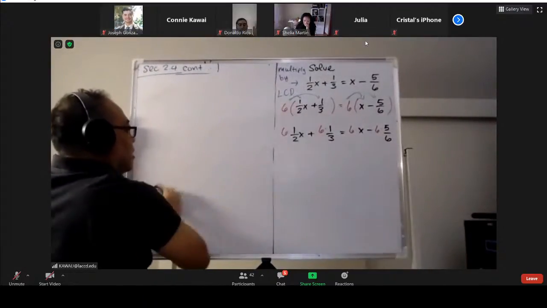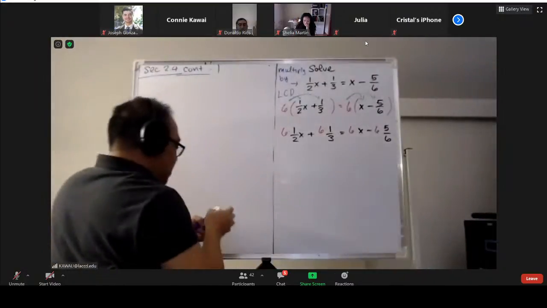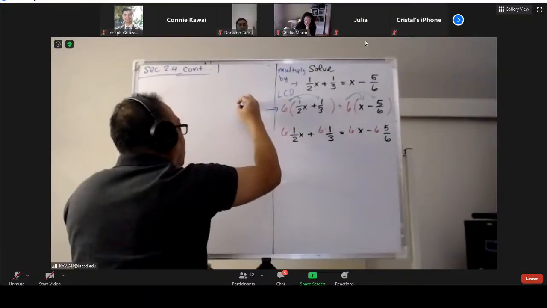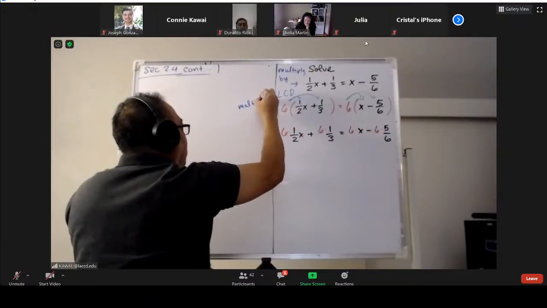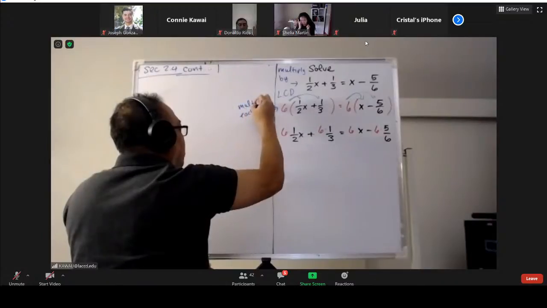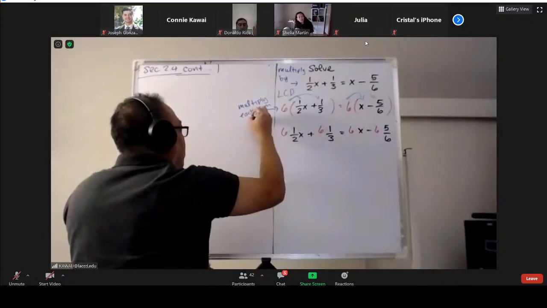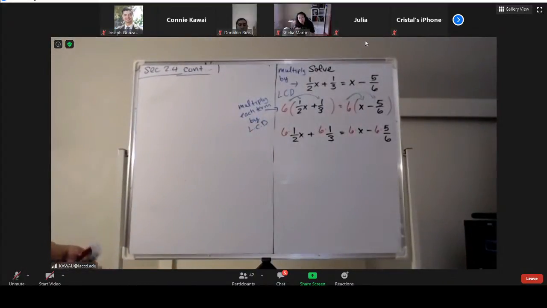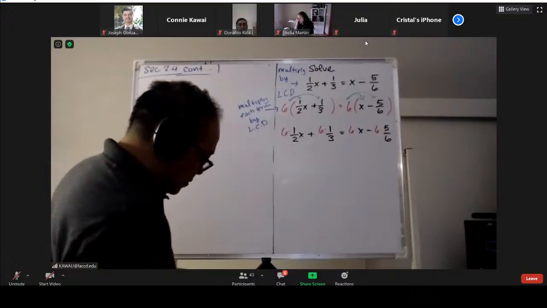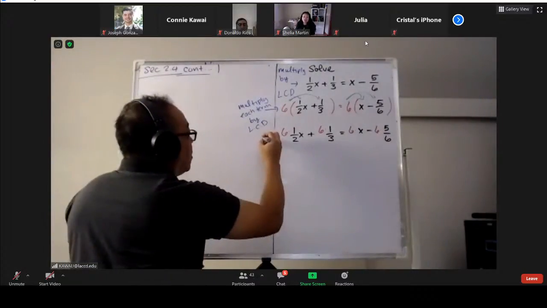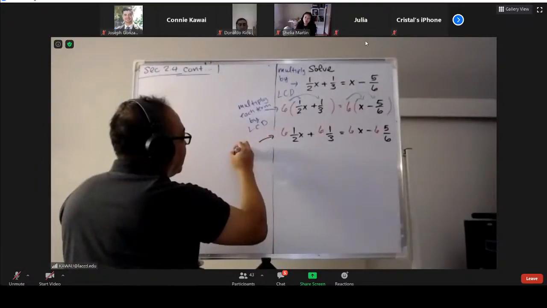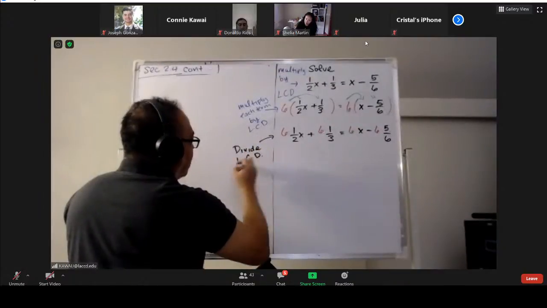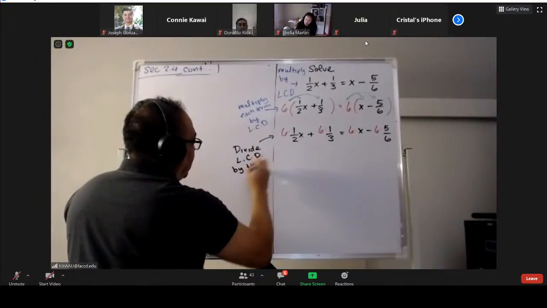Okay. So let's sort of look at this stuff. What we're doing over here is we're going to multiply each term by the lowest common denominator. And then over here, what we're going to do is we're going to divide the lowest common denominator by the denominator.